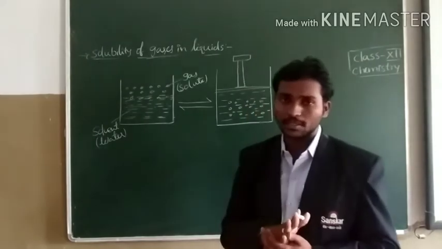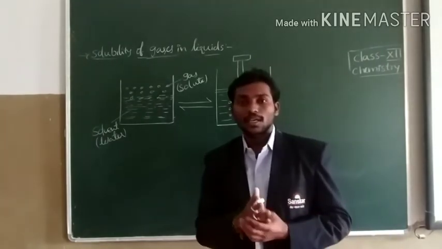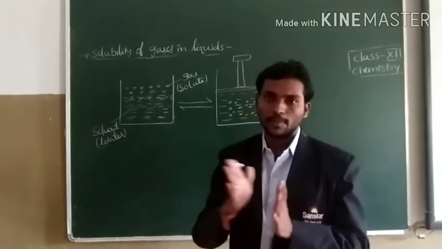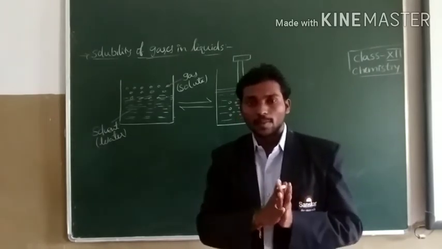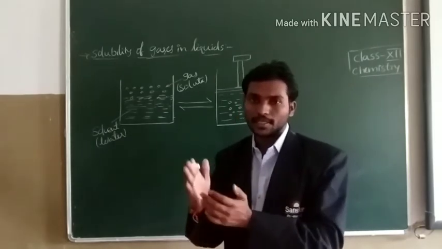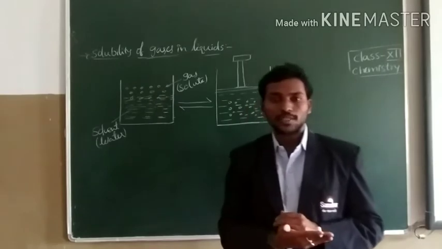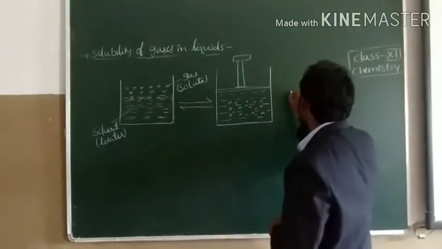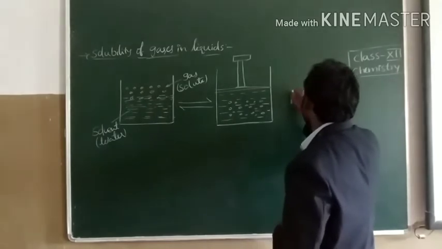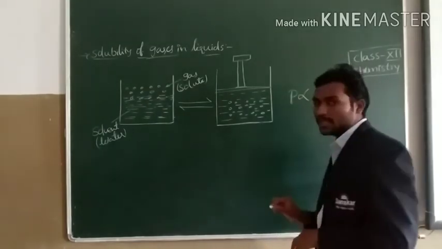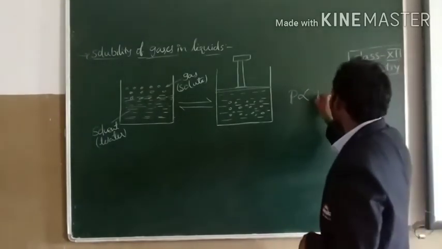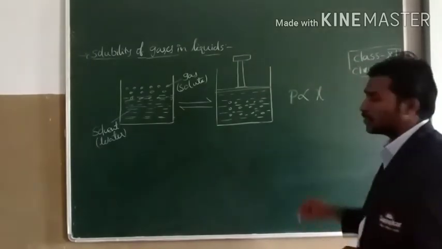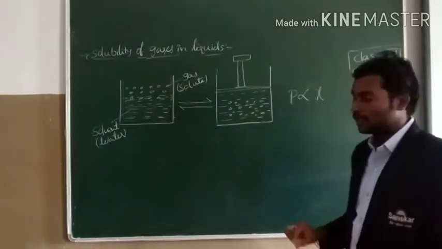I am repeating, children. Henry's law states that the partial pressure of the gas in vapor phase is directly proportional to the mole fraction of the gas in the solution. That means partial pressure, denoted by P, is directly proportional to the mole fraction of the gas, chi.